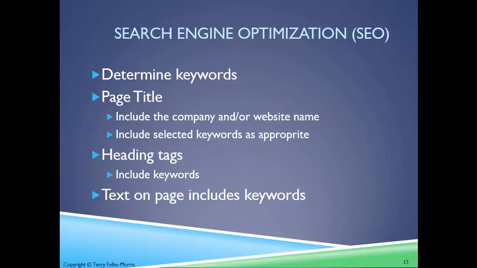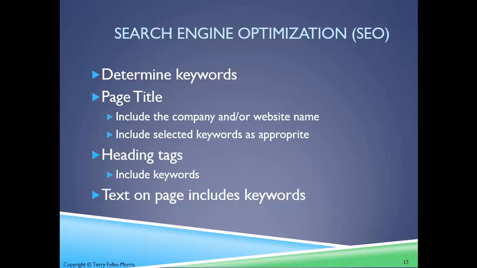That's the process of getting yourself as high on this list as you can. We already talked about the keywords, but you should have a descriptive title. And that's what you put between those title tags that go up in the head section that we've talked about before. It should include the company name and or the website name and help the site market itself.